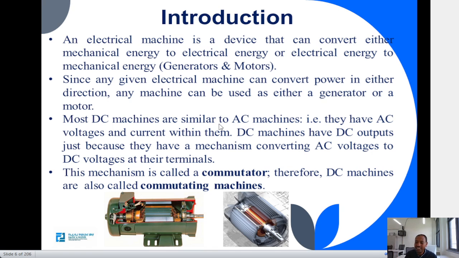All the machines generate or induce AC internally, but with the help of some extra devices connected to their shaft, DC machines convert the internally generated AC into DC. So DC machines have a DC output just because they have a mechanical converter called a commutator.